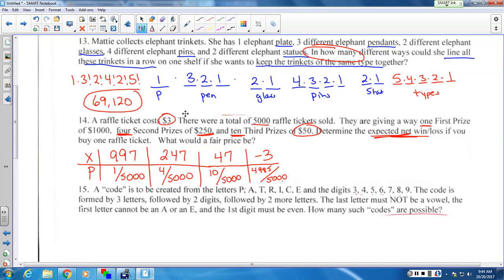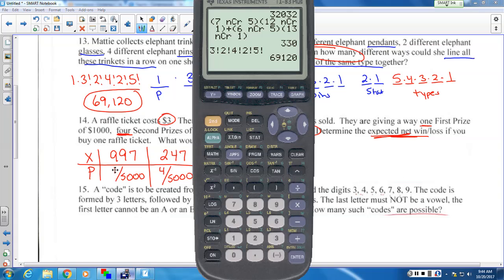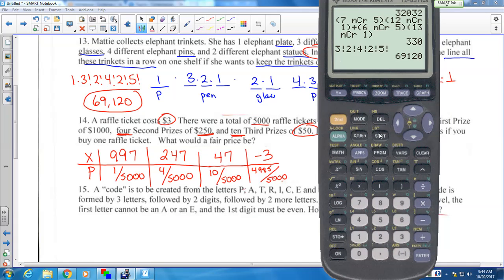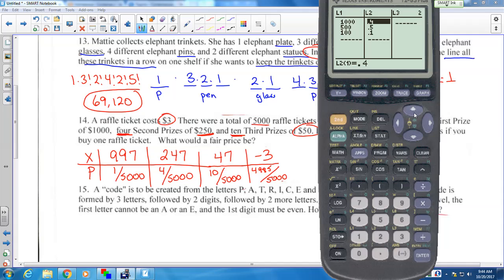So I'm going to put this in my calculator. I'm going to put my X values in list 1 and my probabilities in list 2. I'm going to go to Stat, Edit. I have stuff in there, so I'm going to arrow up and hit clear and come down. Arrow up and hit clear and come down.